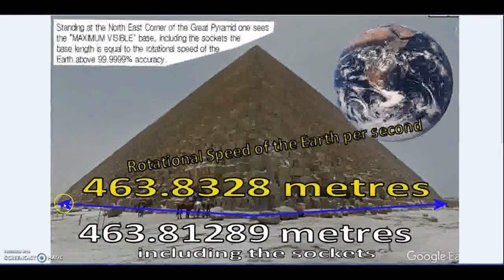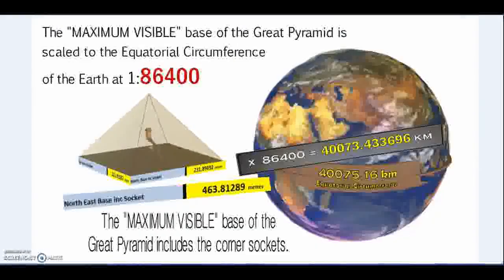And well, so including the sockets, the maximum visible base of the pyramid is the rotational speed of the Earth per second, and therefore if we multiply that by 86,400, we get the equatorial circumference of the Earth equal to, or essentially equal to, the best modern measurements of the size of the Earth.